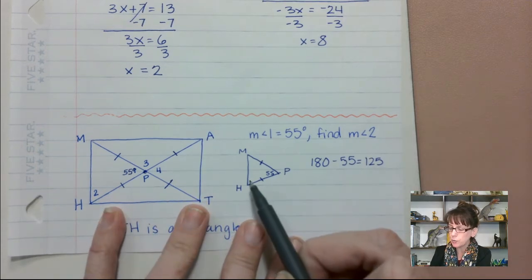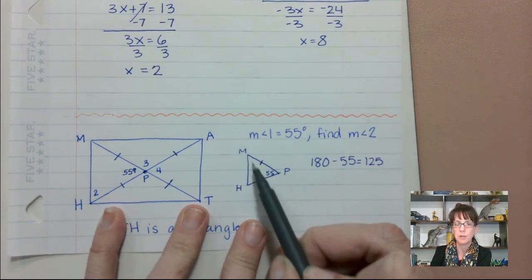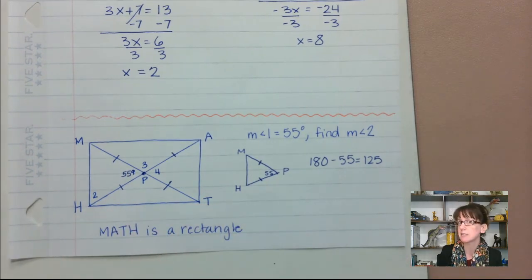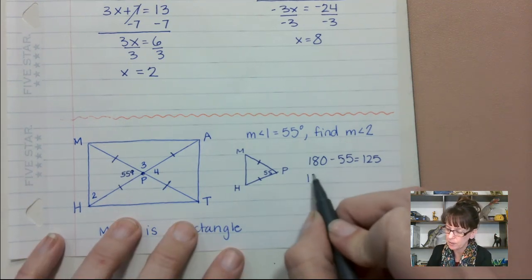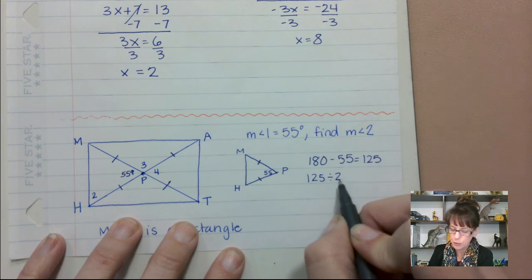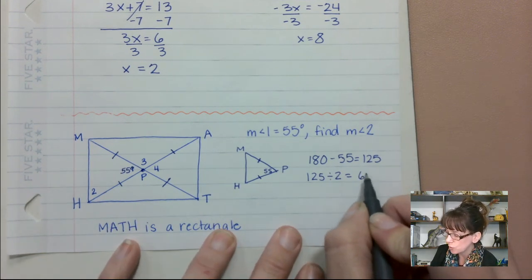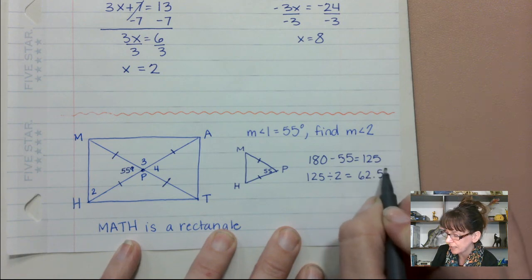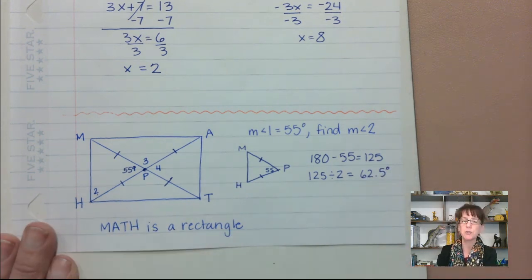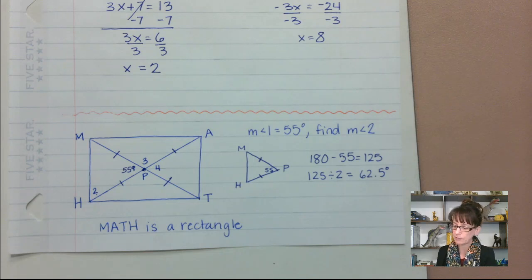So these two angles here, when added together, are going to be 125. But because this is an isosceles triangle, those angles are equal to each other. So all we have to do is take 125 and divide that by 2. And if we do that, we end up with 62.5 degrees. So we now know that angle 2 is 62.5 degrees.